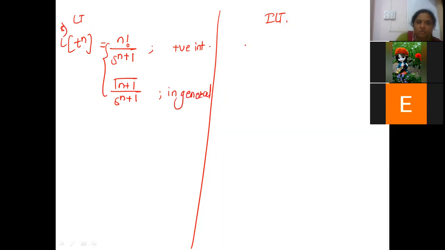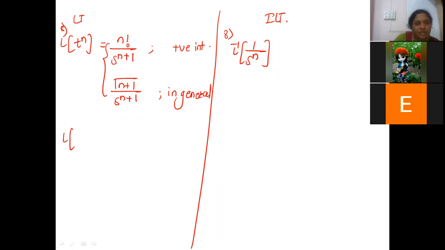So here I am interested in the formula Laplace inverse of 1 upon s raised to n. Here it is 1 upon s raised to n plus 1, but I want s raised to n here. So what can I consider for n?